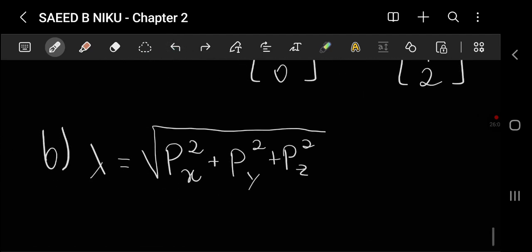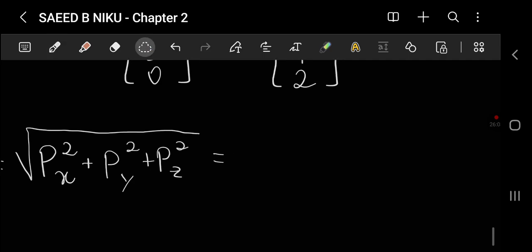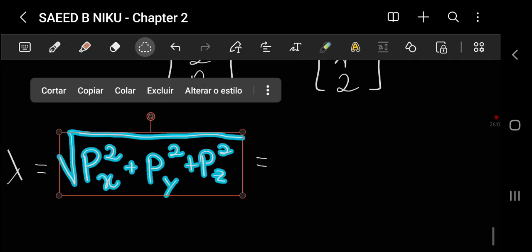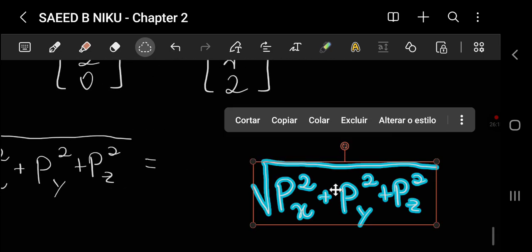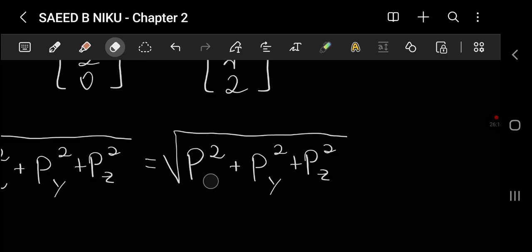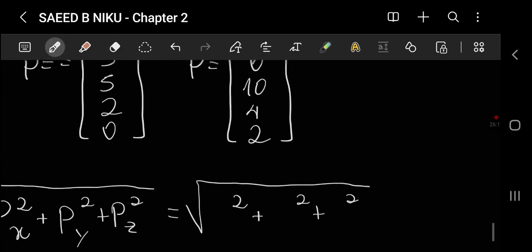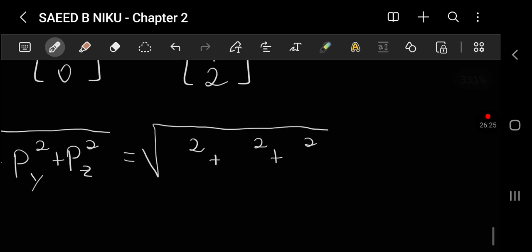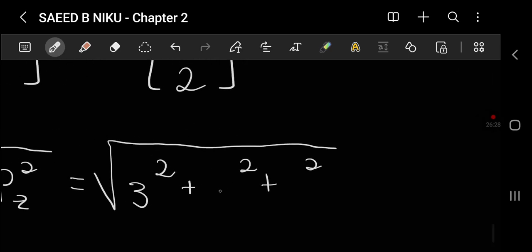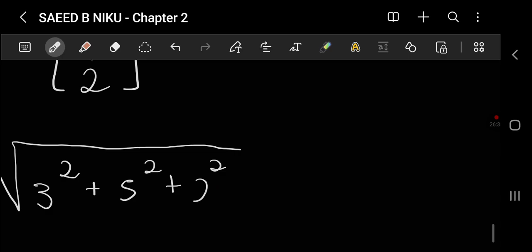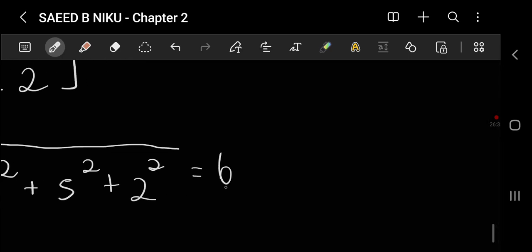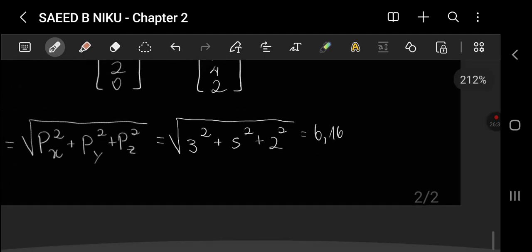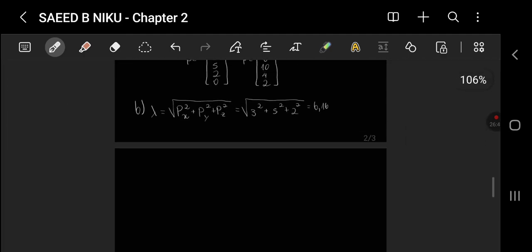And that is equal to, just substituting the values, three, 5, 2, and we are left with 6.16.